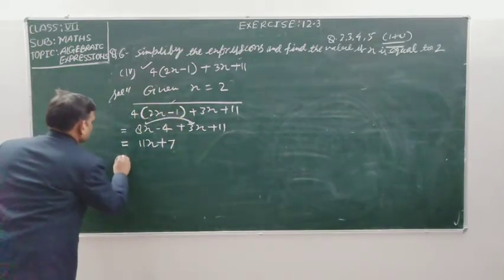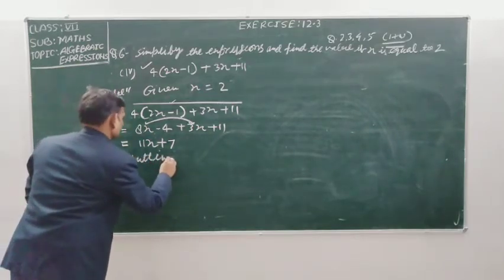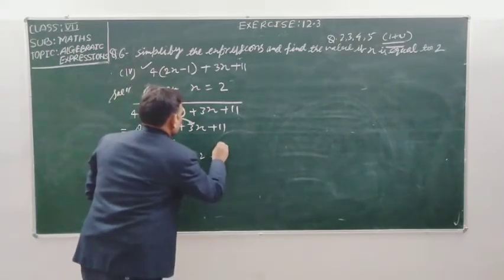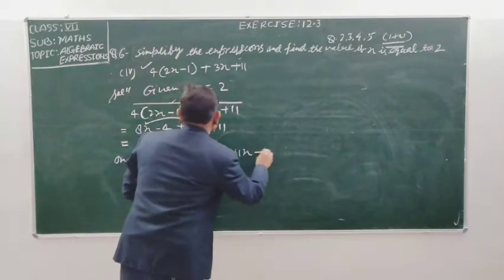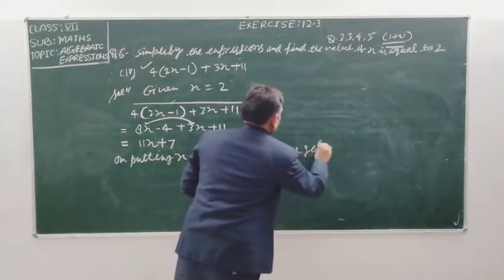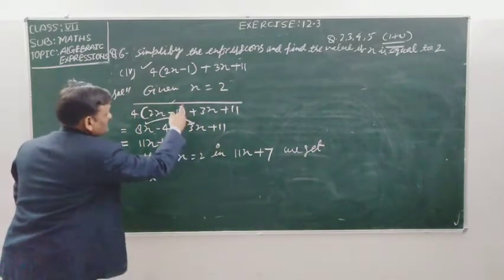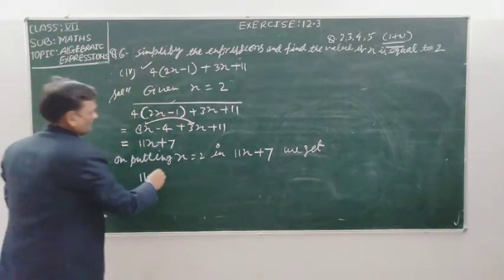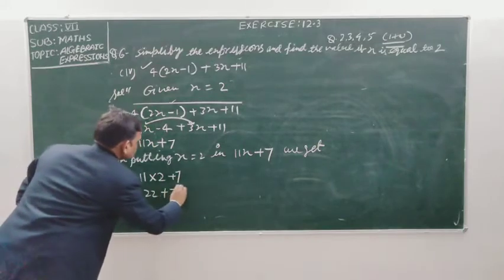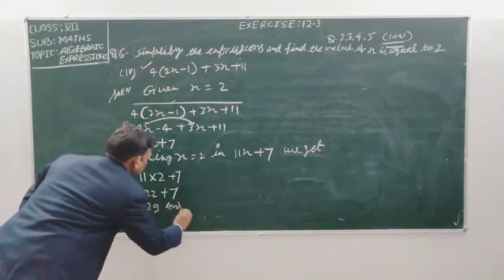So on putting x is equal to 2 in 11x plus 7, we get 11 into x. In the place of x we can put 2, plus 7. 11 twos are 22, plus 7, that is 29. It's my answer.